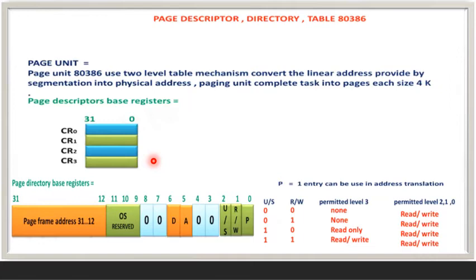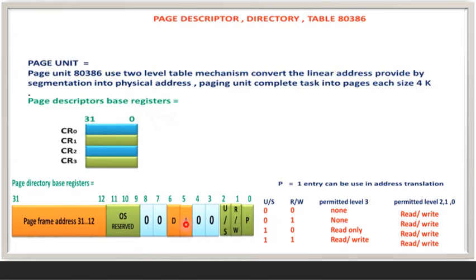The example of a typical directory entry is shown here. The corresponding page directory entry is used to indicate the page table. The size of the page table is 4 kilobytes and each page table has a maximum of 1024 entries, as I have said.